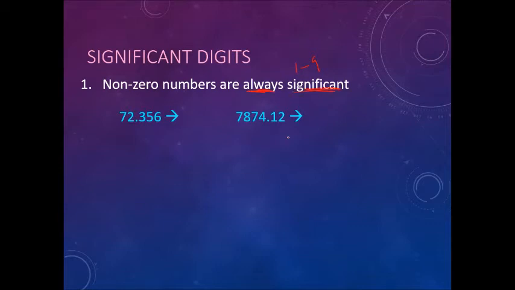Always significant. How many sig figs in this one? Yes, 5 is correct, because all of them are non-zero digits, so they automatically count. How about this example, the 7,874.12? All of them are non-zero, so they all count. So there are 6 significant digits there.